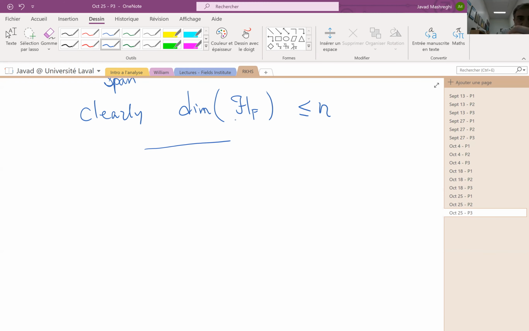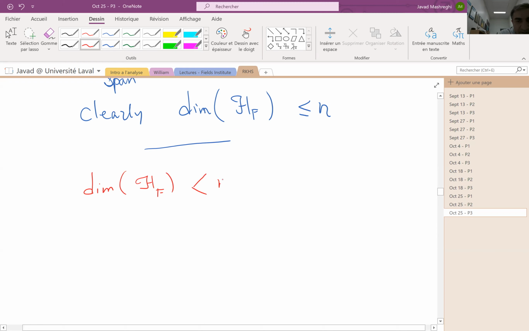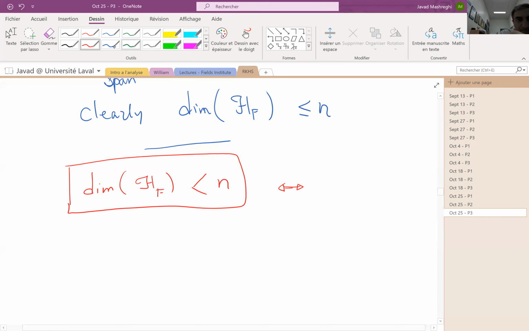Well, first, the dimension of H_F is strictly less than n if and only if, if and only if what?